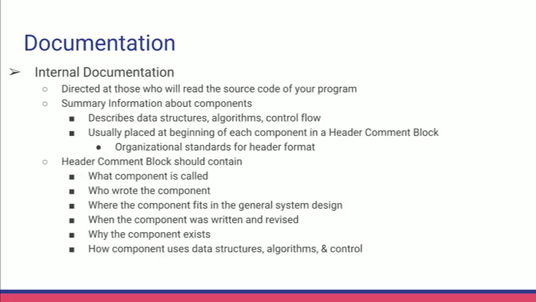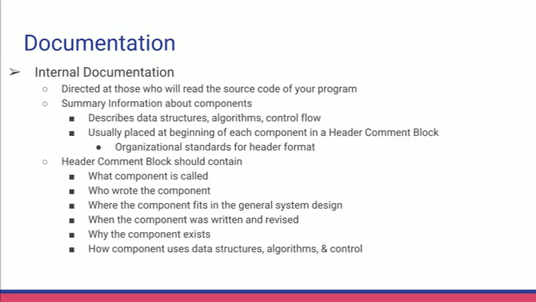So internal documentation. Internal documentation is directed at those who will read the source code of your program. It should contain summary information about components, such as the data structures, algorithms, and the control flow that the components use. It's usually placed at the beginning of each component in what's called a header comment block.